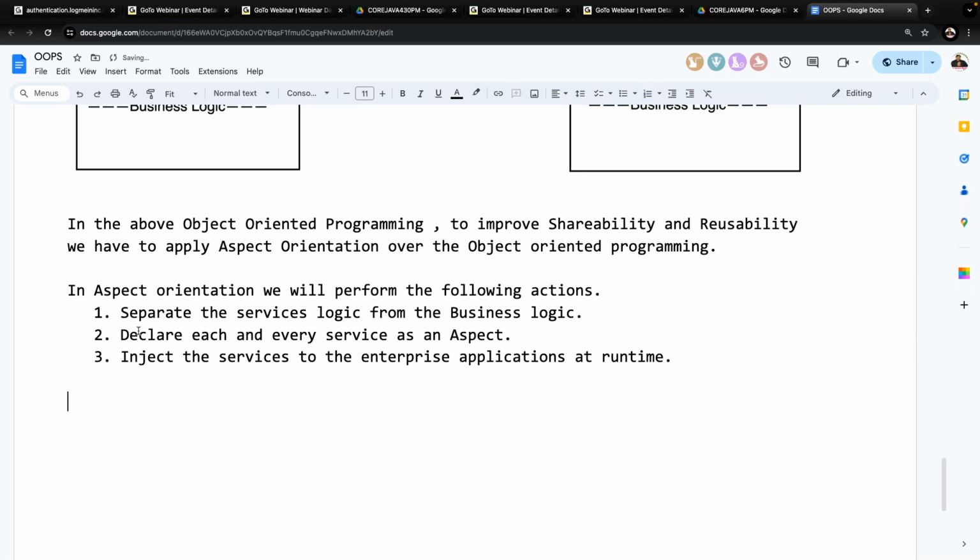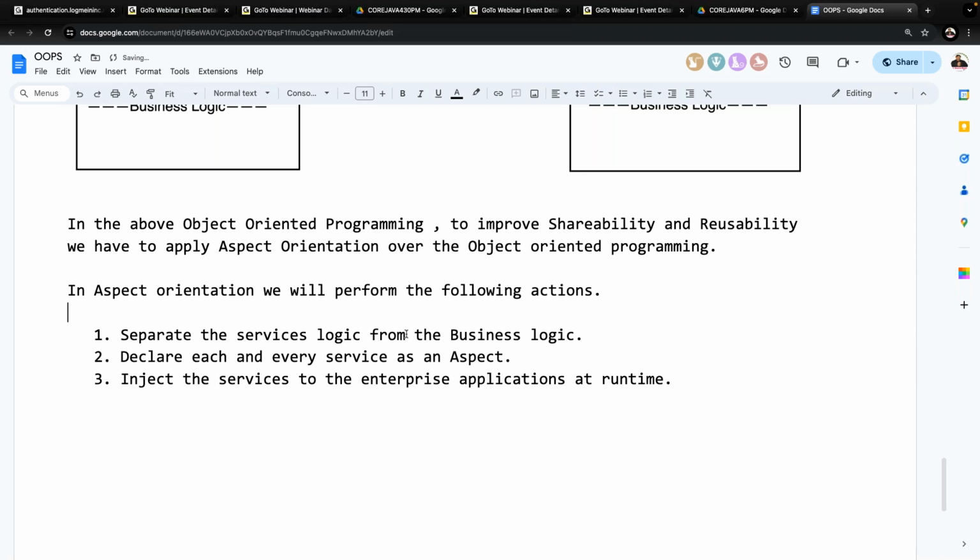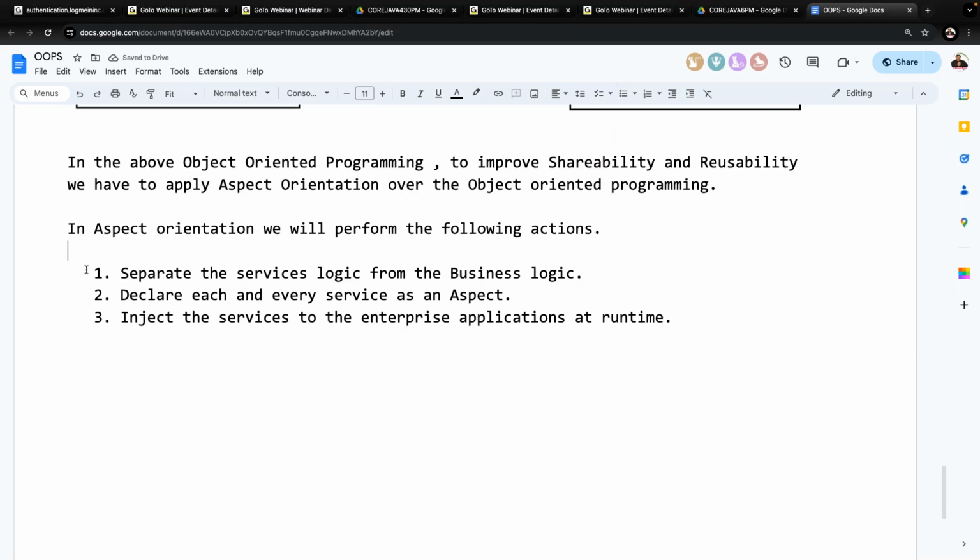That's it. These are the three activities that we are going to do in aspect orientation. Please read this out. If you want to apply aspect orientation over object oriented programming, what is the first step? Separate the services logic from the business logic.